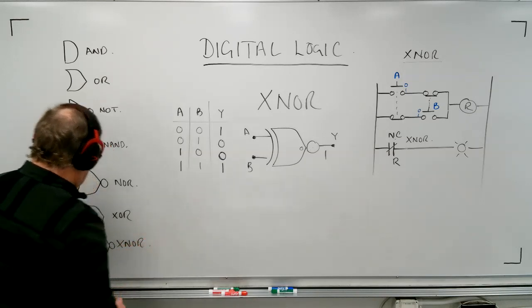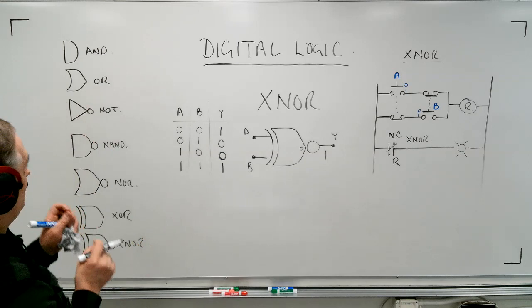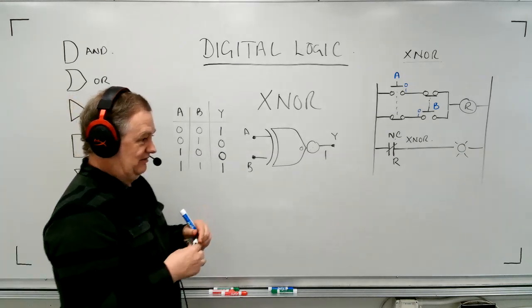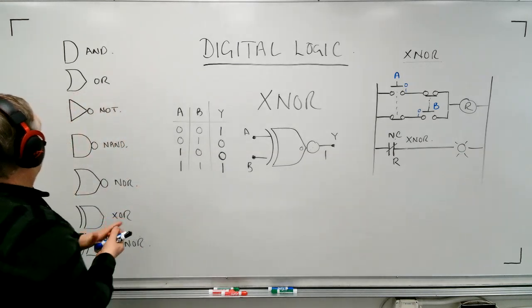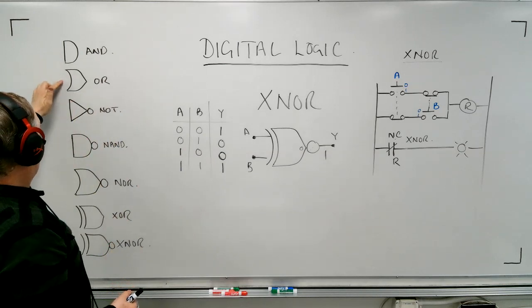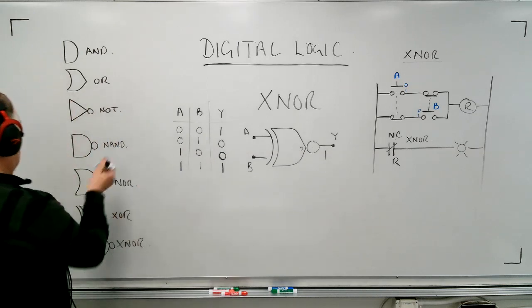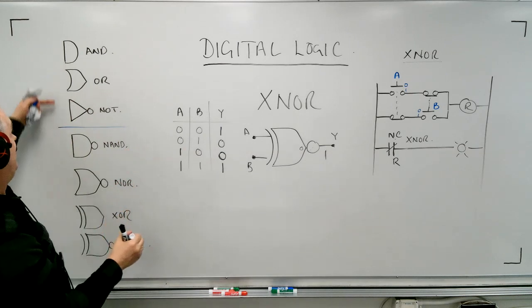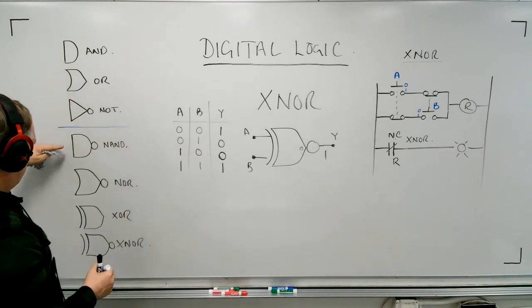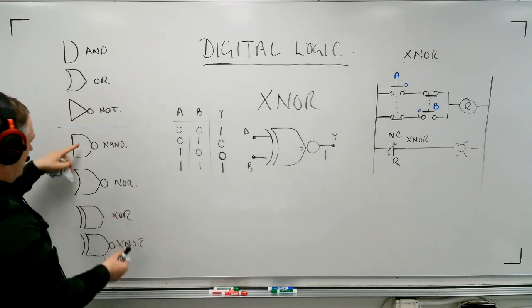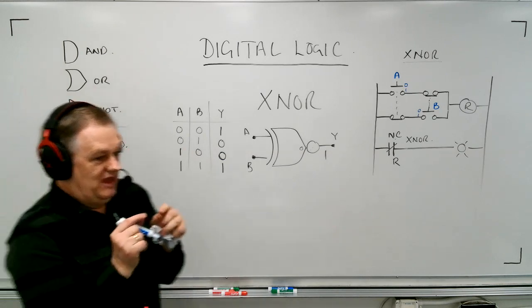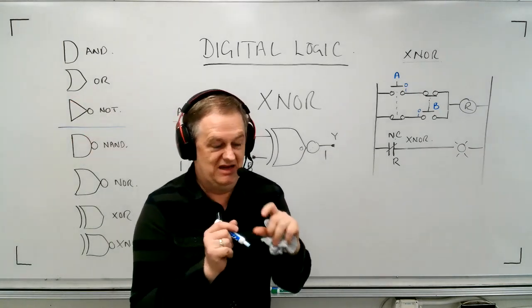Okay, so how many actual building blocks do we have, like just basic building blocks? Well, AND, OR, and NOT. So I would say that really those are the key base elements. These ones are already individual components, but they have the NOT essentially built right into them.